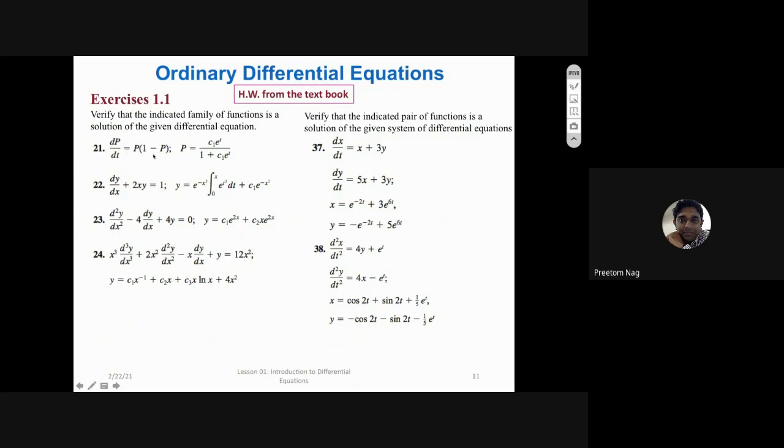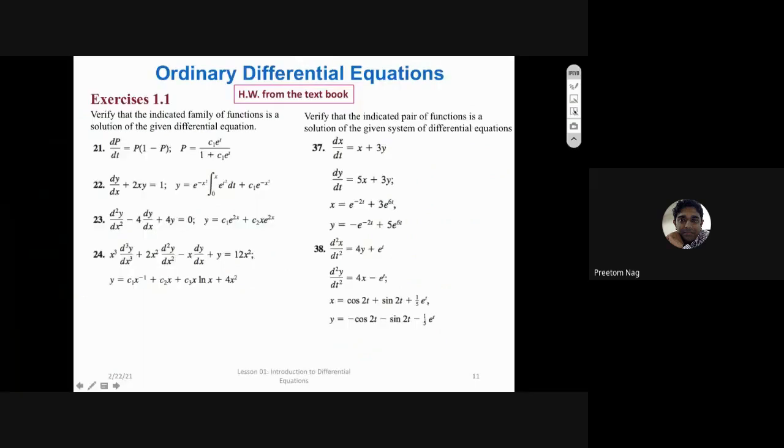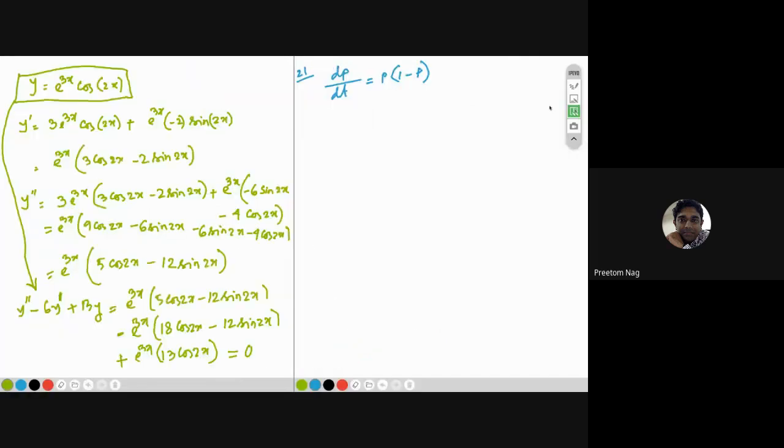For this problem, dp by dt equals p into 1 minus p, right? So you have to find the solution for p.